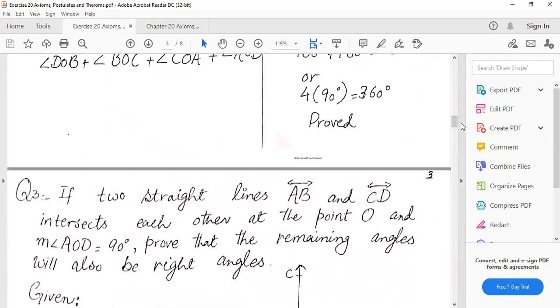So you must understand what the components, the parts, the elements of a theorem are. We are applying these elements on the statement, generating our reasons, generating the statements from the question statement.